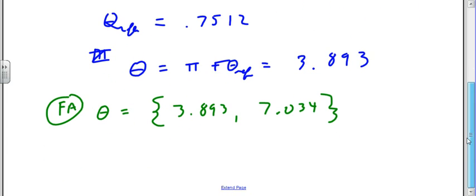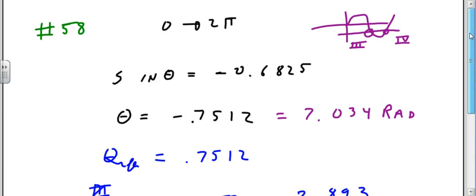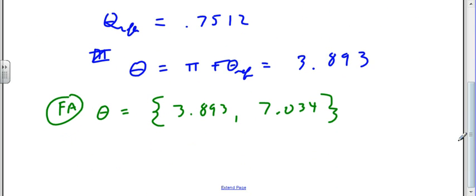So I would go back and say, what problem are we working anyway? I forget. 61. No, not 61. 64. 58. Okay, so we're working 58.